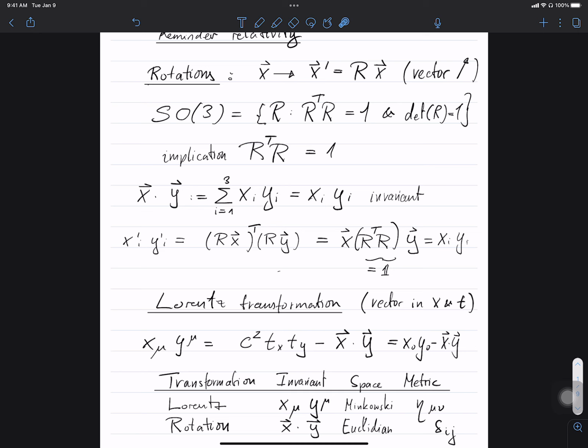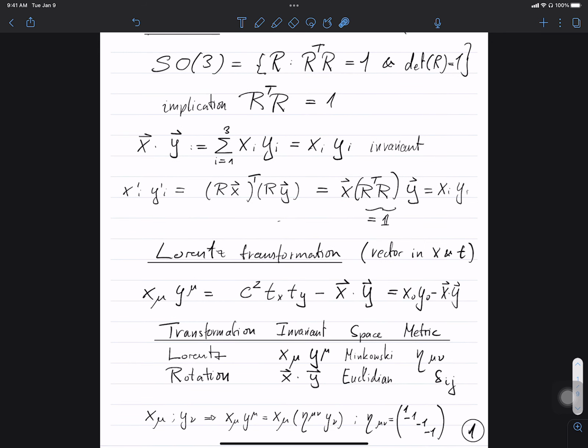And we can see that this kind of multiplication preserves also the scalar product of this vector with other vectors and with itself, obviously. So if you multiply two vectors to get the scalar product, we can check what happens if we multiply two transformed vectors. We just write them as a matrix multiplication.